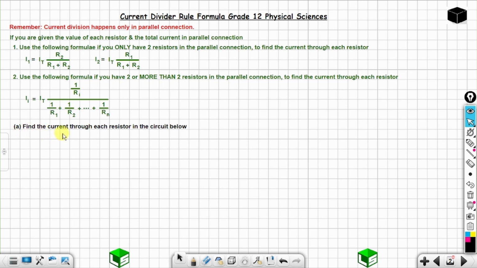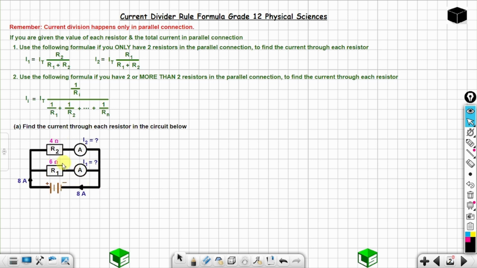Find the current through each resistor in the circuit below. You are given this circuit. Solution: you have R1 and R2, 2 resistors in parallel. This is a parallel connection. So you have a total current of 8 amperes.